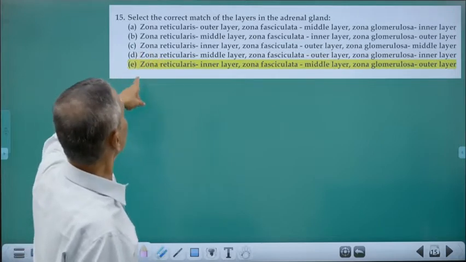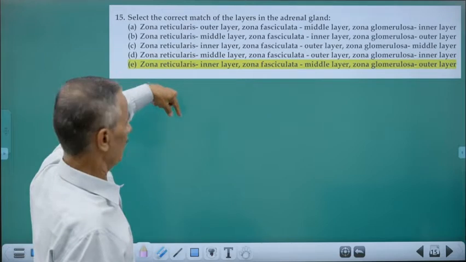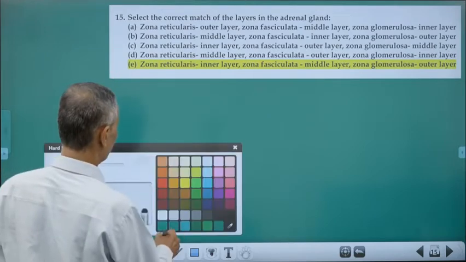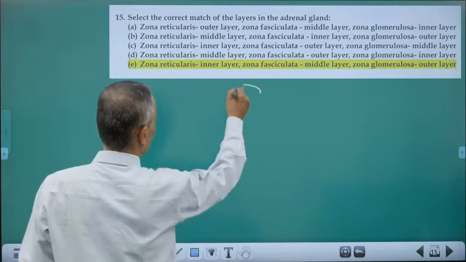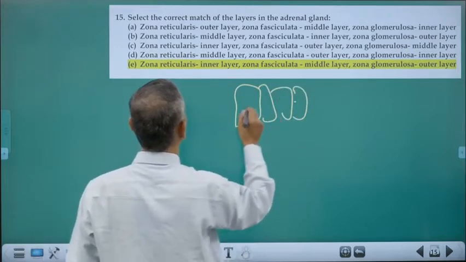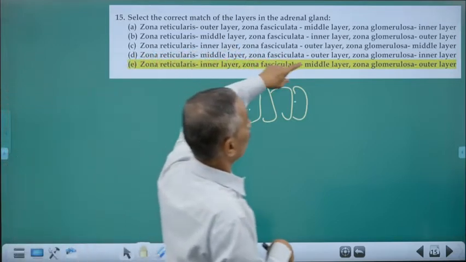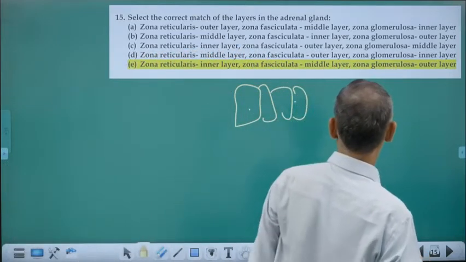Correct match. In an adrenal gland, we are having 3 layers. The outermost layer is made up of a thin layer of cells called zona glomerulosa, outermost.